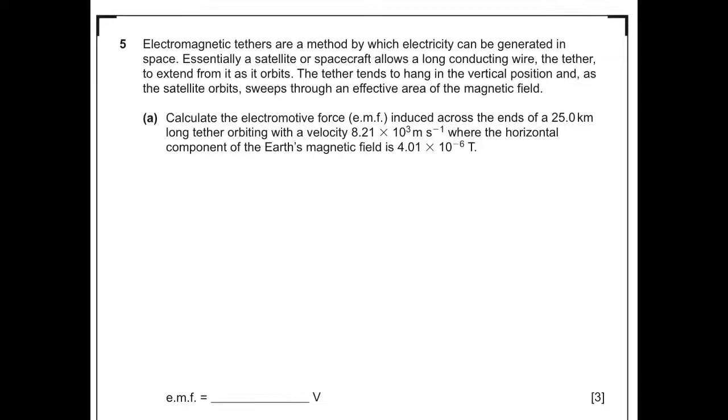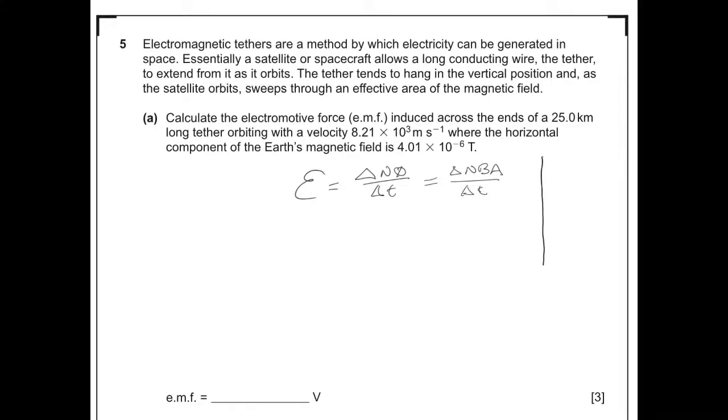So, we have an equation that says that the EMF that you get is the delta of n phi over the delta of time. Now in this case, we're really talking about the delta of nBA over how long that took.